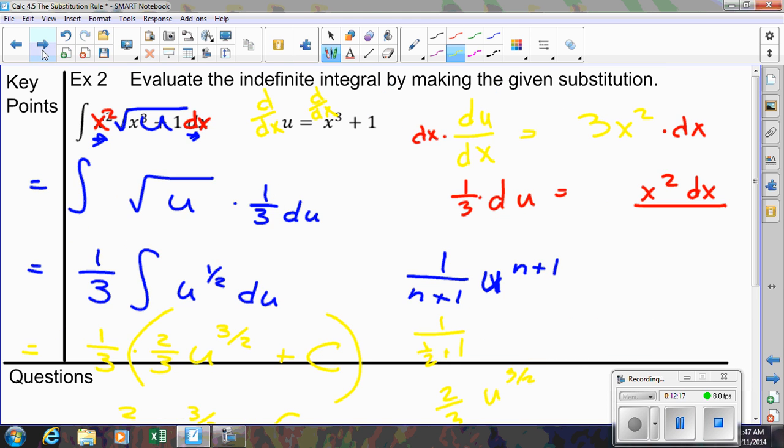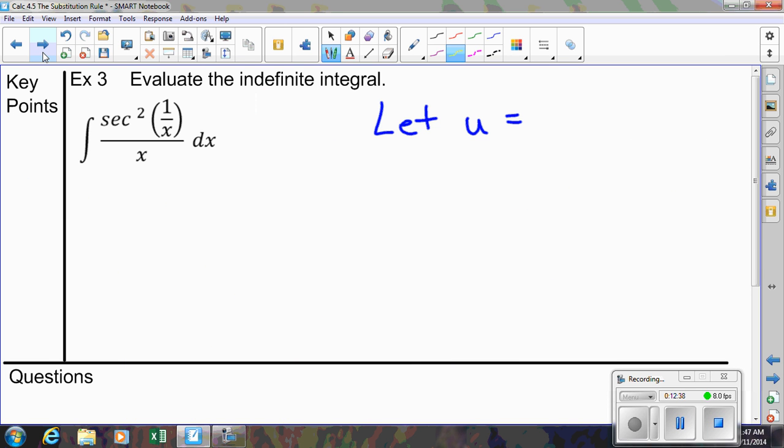Same thing when we looked at this. x cubed plus 1 is the inside function for the square root. Square root's the outer function. And so we did our substitution to be the inside function. That's what you're going to search for. Your first intuition on this should always be: do you see a function inside another one?